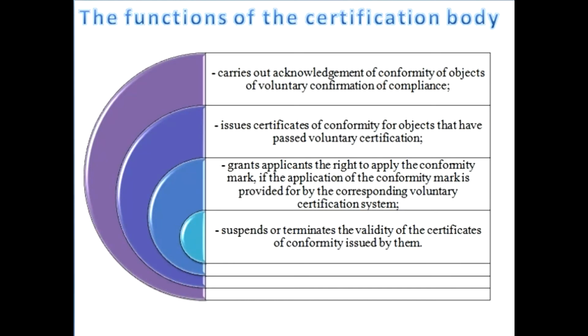Speaking about the voluntary certification body, it should be noted that the law doesn't contain any specific instructions regarding the need for its accreditation, as is the case with the mandatory certification body.